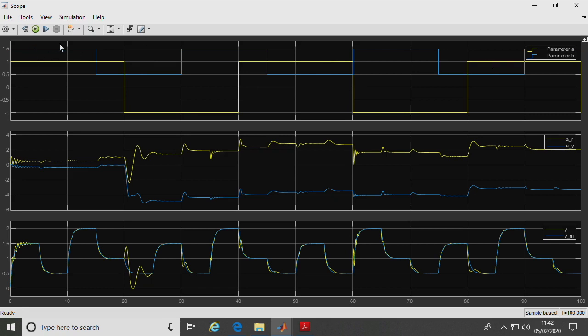The B parameter, I'm not changing the sign, because that's what we need to know. If we did that, we would mess ourselves up. I would have had to feed the sign into the adaptive law, which I didn't want to change.